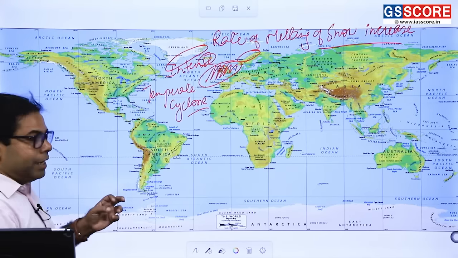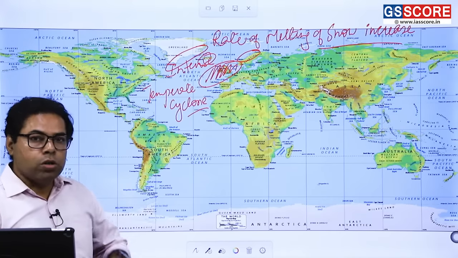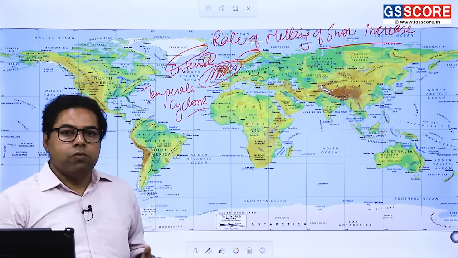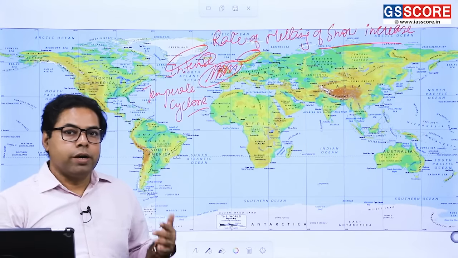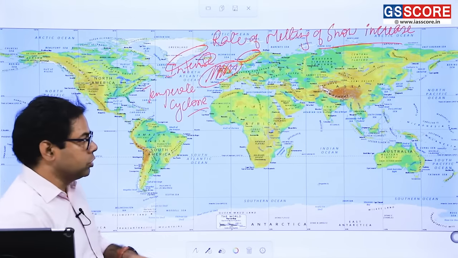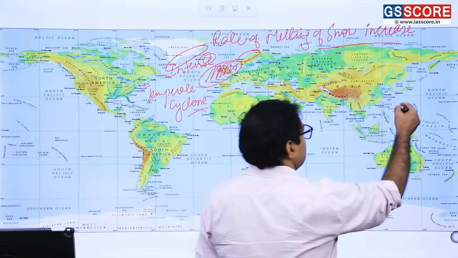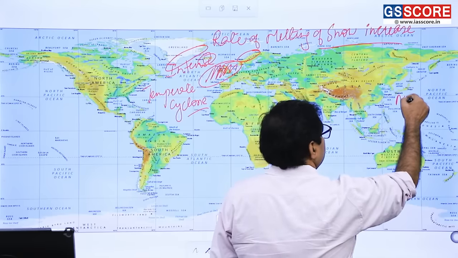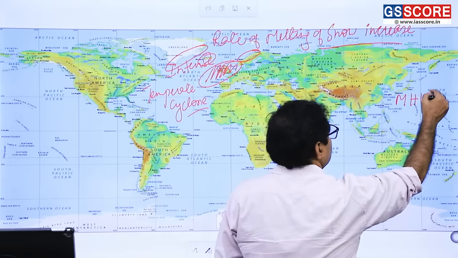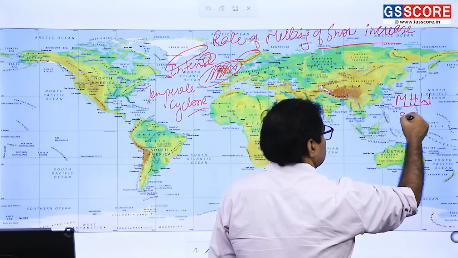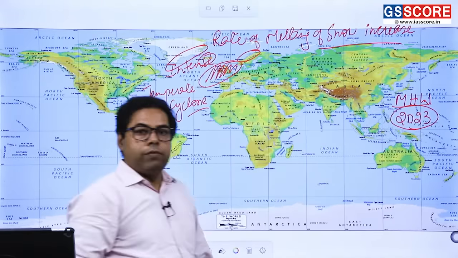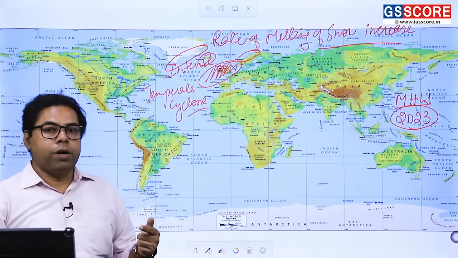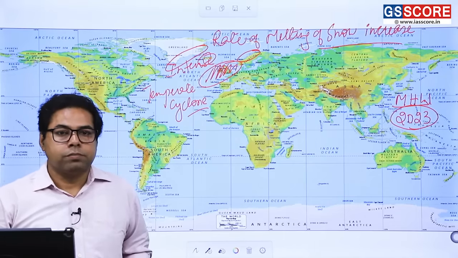India is also not unaffected by the marine heat wave. In 2022, we observed the impact of marine heat wave over India, and 2023 is also a year where India witnessed the impact of marine heat wave.